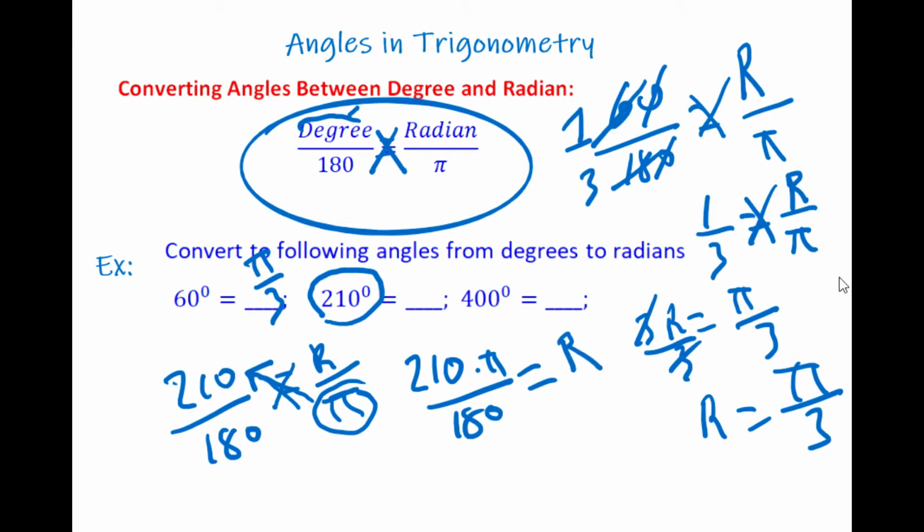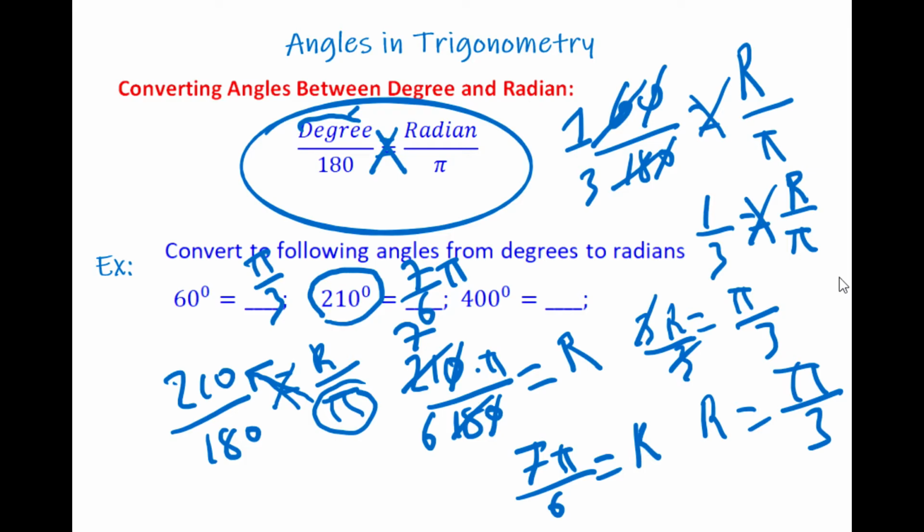Now you can easily simplify the fraction. Those zeros are gone. 21 and 18 have 3 in common. If you divide 21 by 3, we have 7. If you divide 18 by 3, we have 6. So the leftover is 7 pi divided by 6 is equal to radian. In other words, 210 degree is equal to 7 divided by 6 pi, guys.